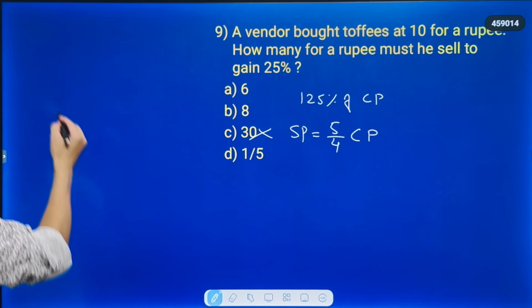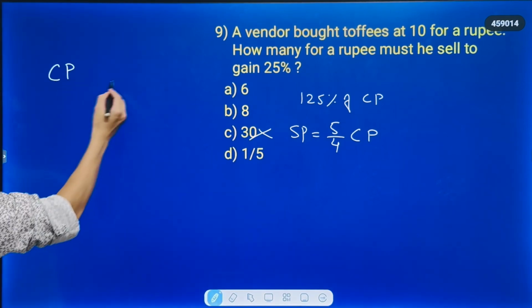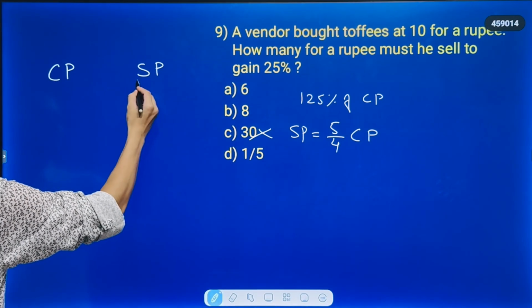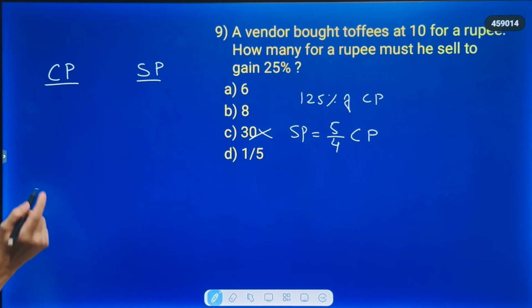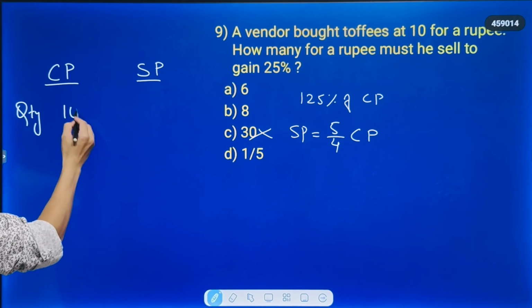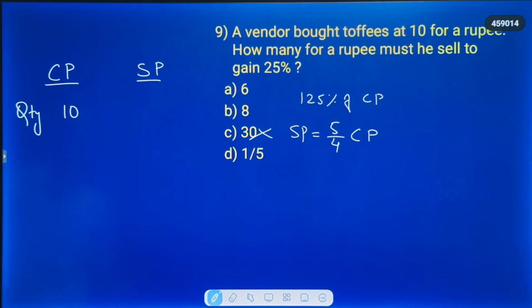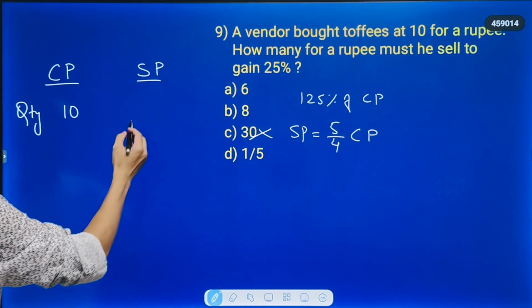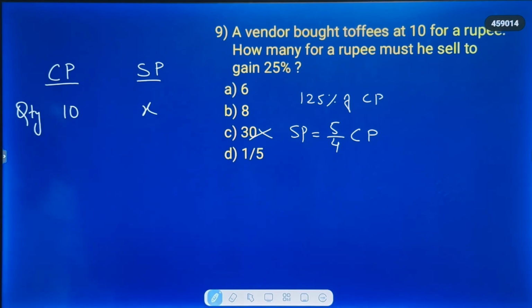So CP and SP both are 1 rupee, and the quantity is 10 toffees bought at 1 rupee. Now the quantity for SP we do not know, so we take it as x.